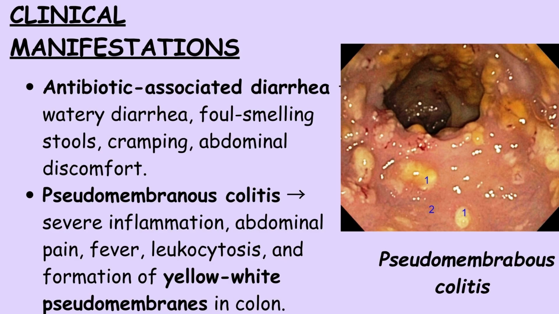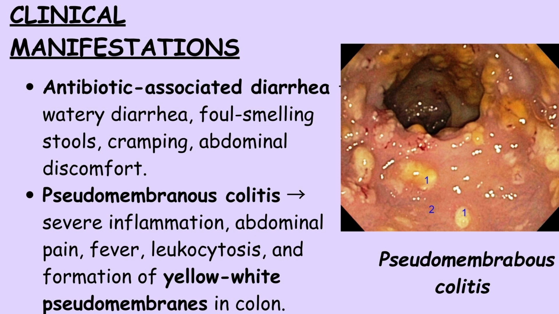Clinical manifestations. The symptoms depend upon how severe the infection is. Antibiotic-associated diarrhea results in watery diarrhea, foul-smelling stools, cramping and abdominal discomfort. Pseudomembranous colitis is a classic condition. It is the severe inflammation of the colon caused by Clostridium difficile toxins.